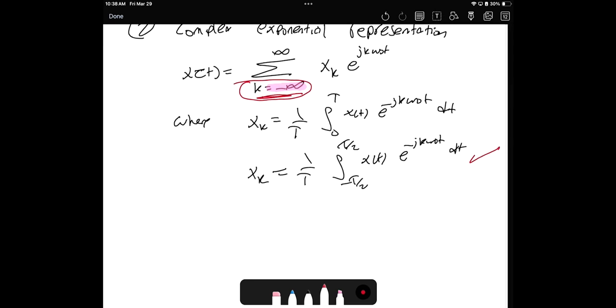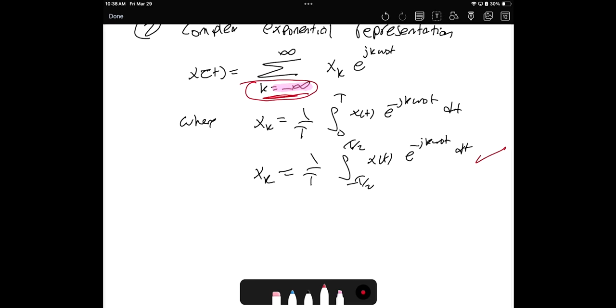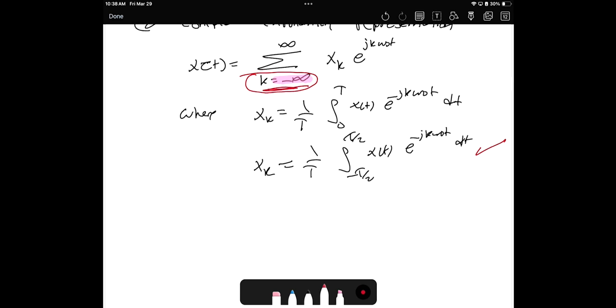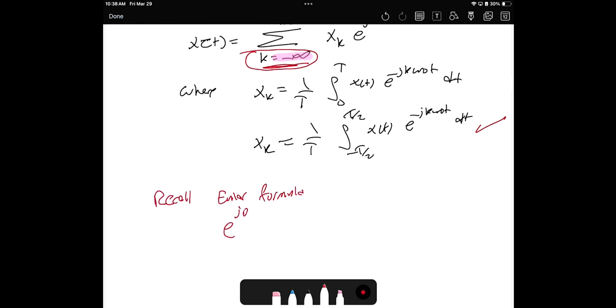Okay, where does this come from? Recall Euler's formula. Euler's formula says e to the power j theta equals cosine theta plus j sine theta, right?